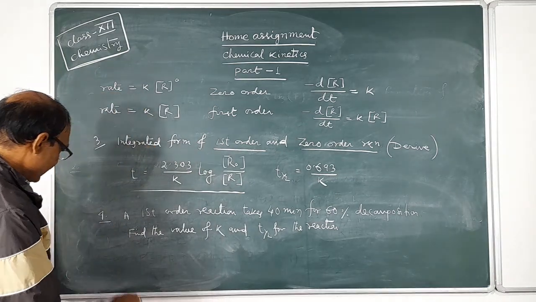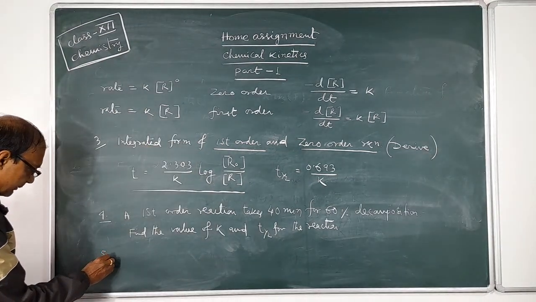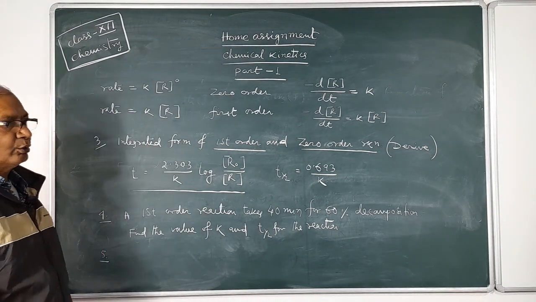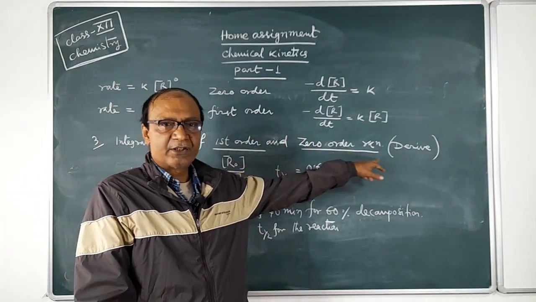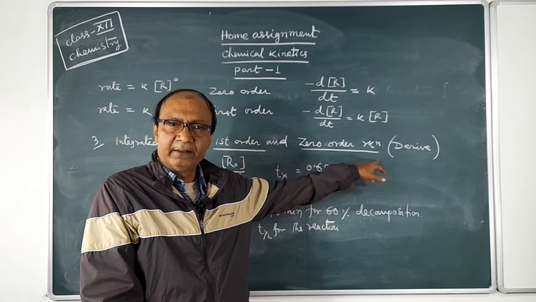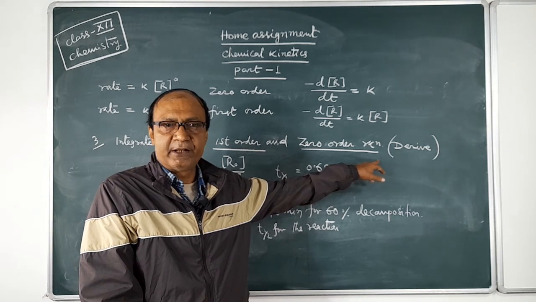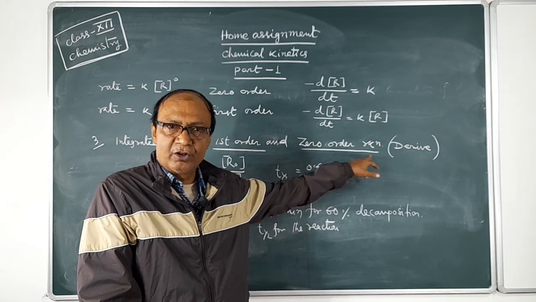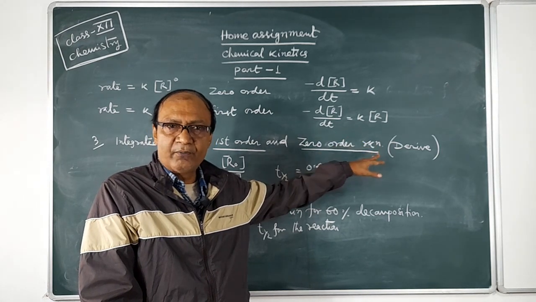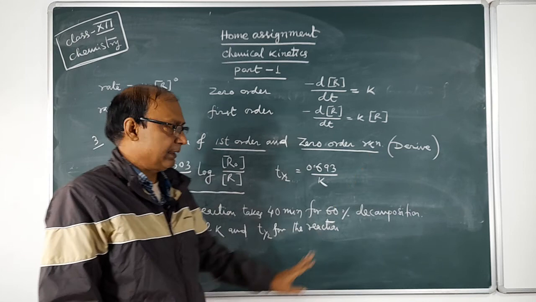Now in question number 5, you will derive the expression of the integrated form of zero order reaction, and there you will find the half life expression. You will derive the integrated form of first and zero order reactions and find the half life expression.